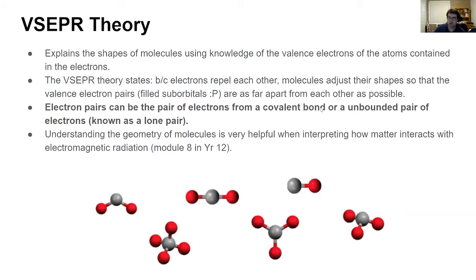You need to understand that the shape of each of these molecules is controlled not only by the bonding pairs of electrons, but also by the unbound lone pairs of electrons. This is where understanding the valence electrons is really helpful.